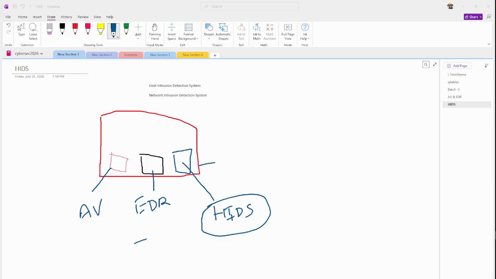Tell me why you require. See, intrusion detection, it's not going to prevent it. It will detect it and it will highlight. That's it.